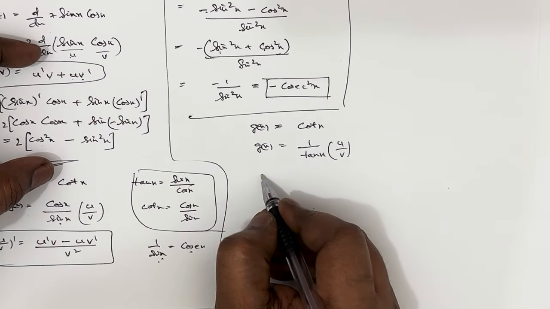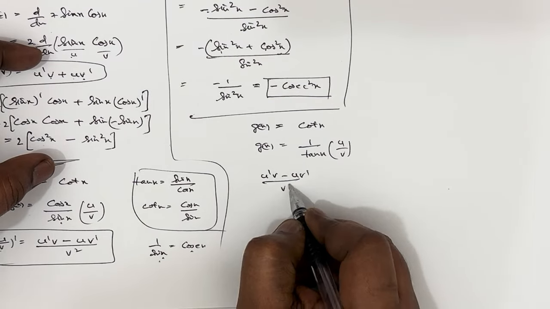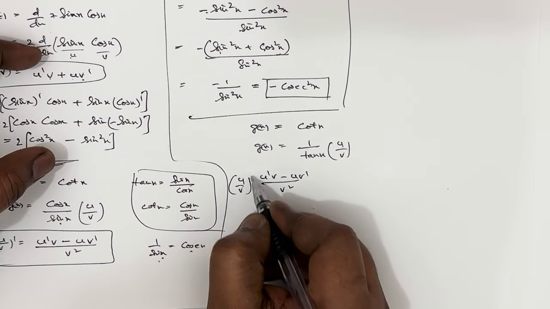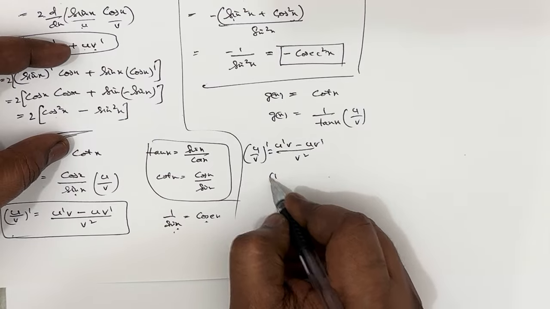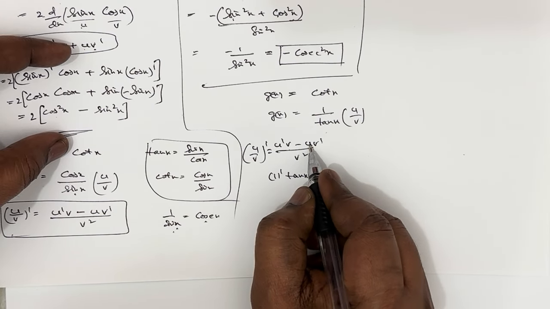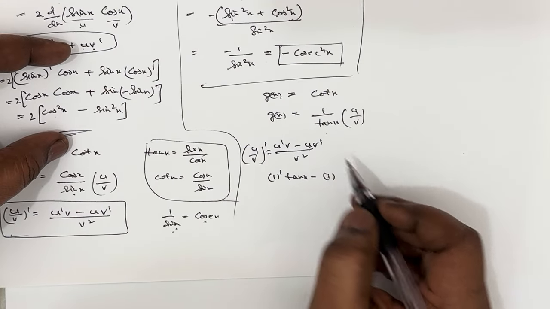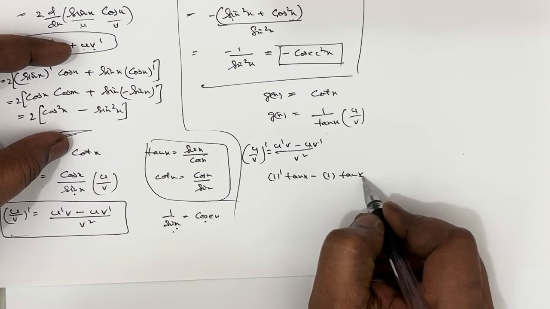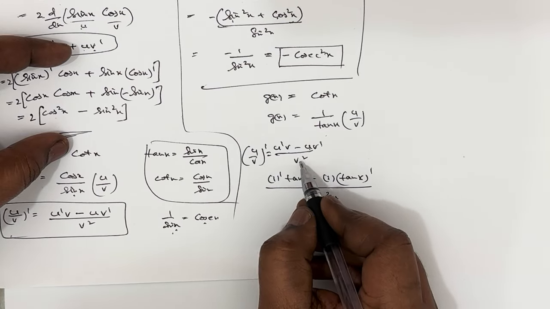So u dash v minus u v dash upon v square. U by v whole dash will be, u is 1, so u dash 1 whole dash, v is tan x, minus u is 1, v dash is tan x whole dash, upon tan square x, v square.